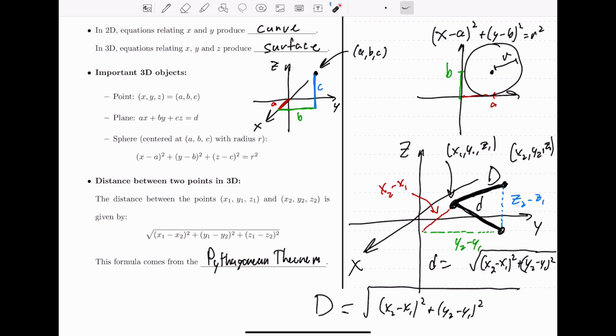So that would be one leg of the triangle. We add the second leg squared of the triangle, so we add z2 minus z1 squared. Take the square root of everything. From the Pythagorean theorem, we have the distance in 3 dimensions. Look at this. This is the formula right here. It's the distance between 2 points in 3 dimensions. In the next video, we're going to look at using these concepts for some specific examples.